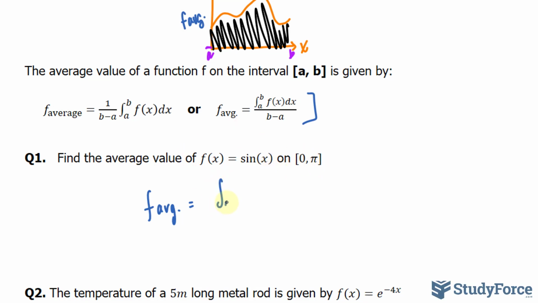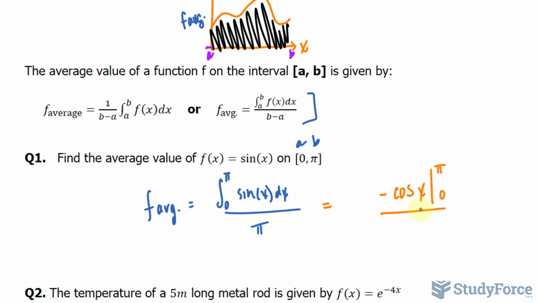Let me write that down. The integral between 0 and pi sine x dx over, this being a and this being b, b minus a is pi. The integral of sine x is negative cosine x, and we have to evaluate that at its upper and lower limit, then divide that by pi.